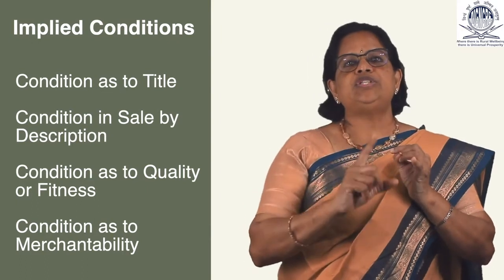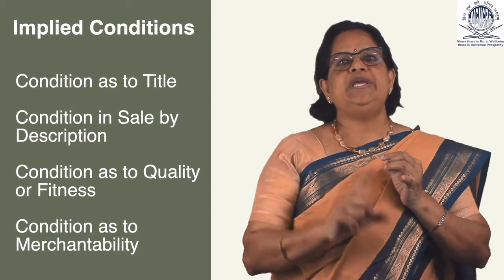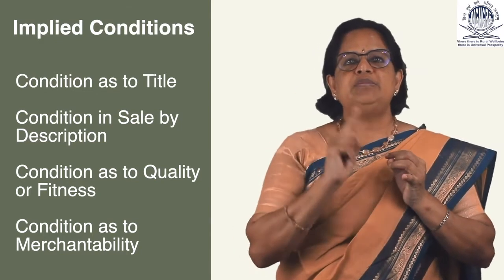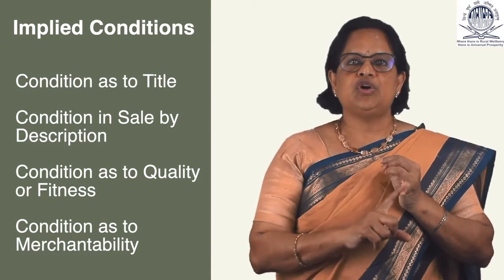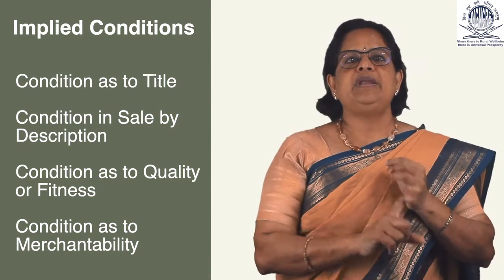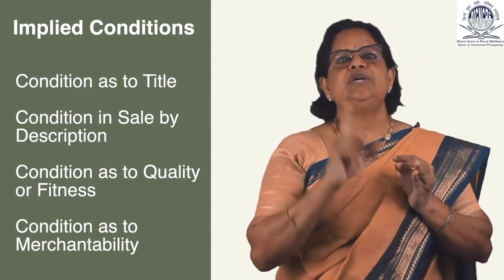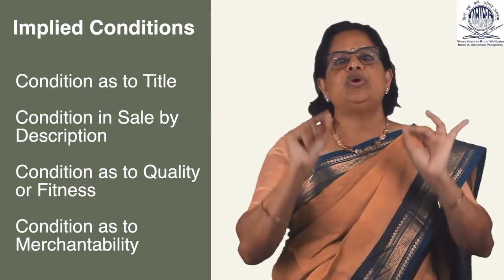That is, goods are bought by description. The seller should be a dealer in goods of that description. The word merchantable quality would mean that the article is of such quality that a reasonable man acting reasonably would accept it under the circumstances of the case, whether he buys it for his own use or to sell it again.